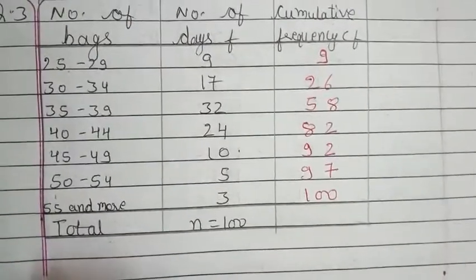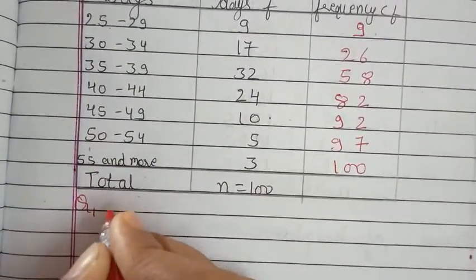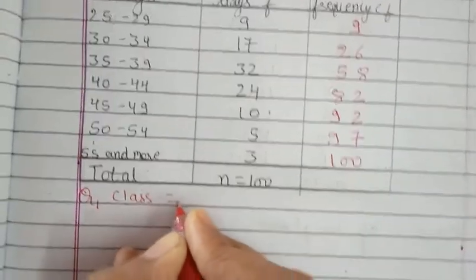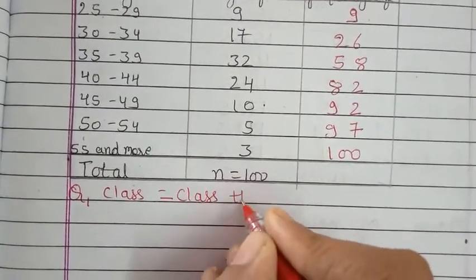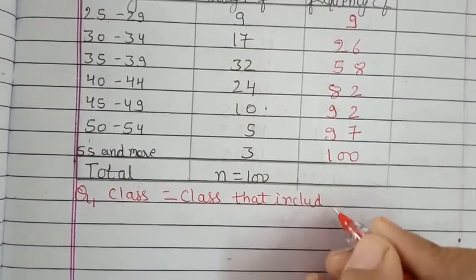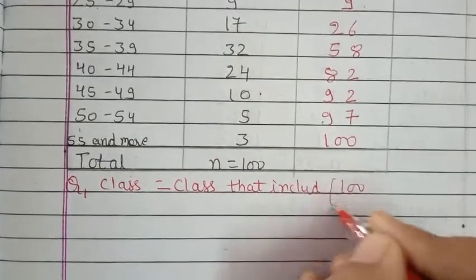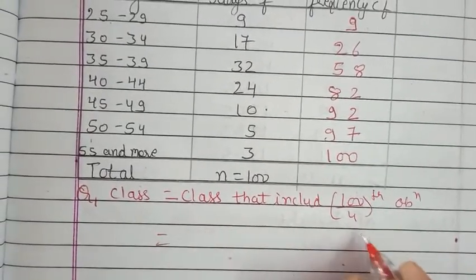Now first of all we will find out Q1. So the Q1 class is the class that includes the n by 4th observation. Now what is our n over here? N is 100. So the 100 by 4th observation. 100 divided by 4 is 25.